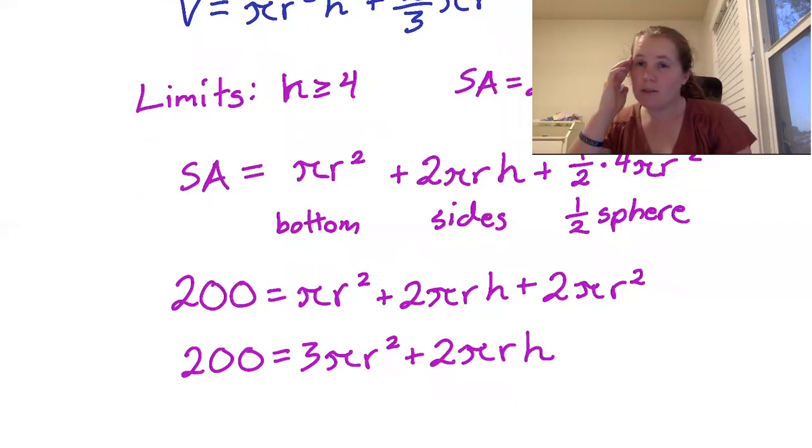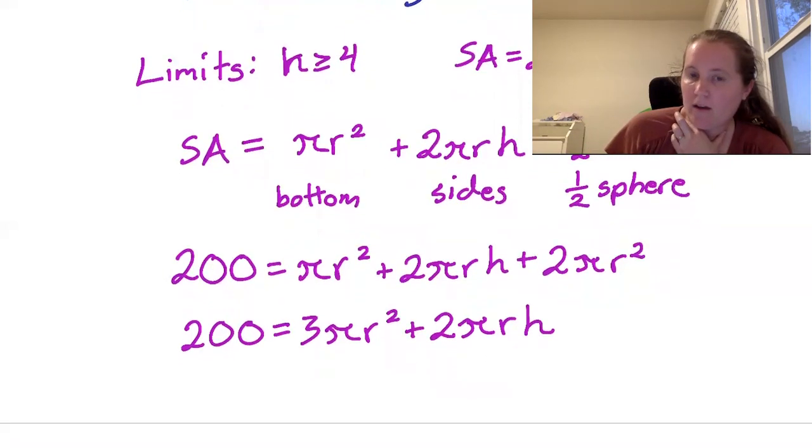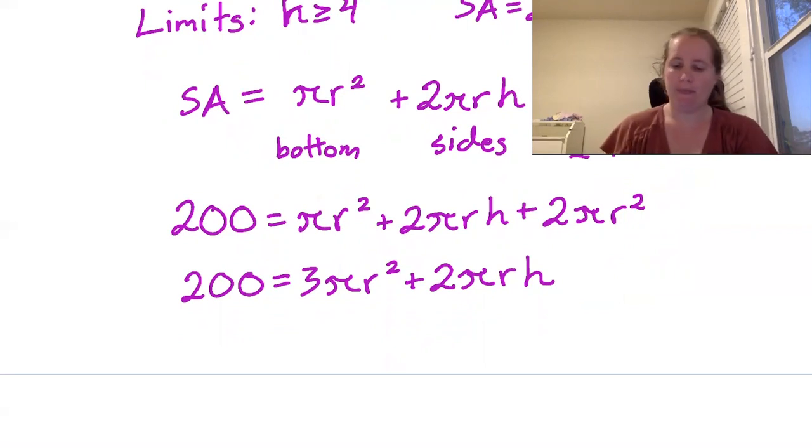So when we do an optimization problem, we're going to need to solve one of those variables in terms of the other. I strongly recommend solving for h in this problem because it will be a lot easier than solving for r.